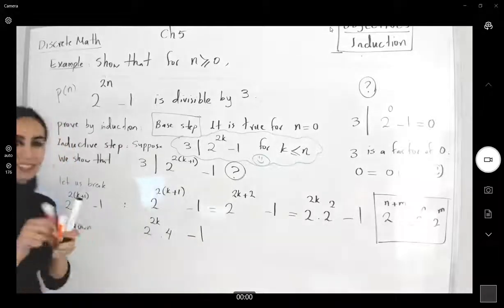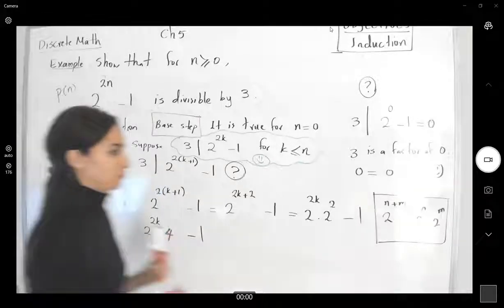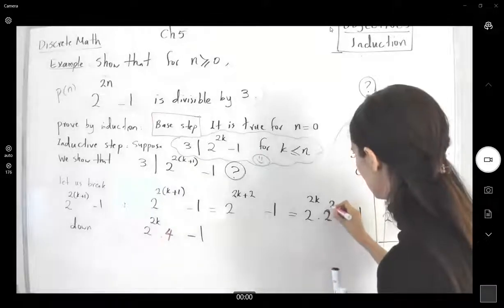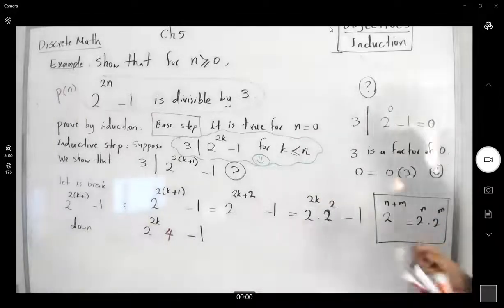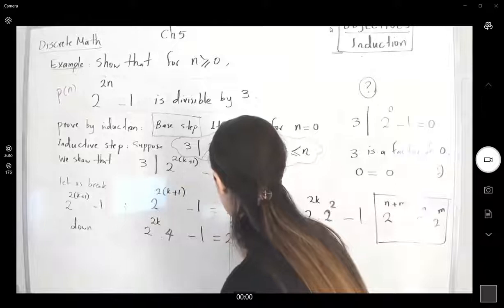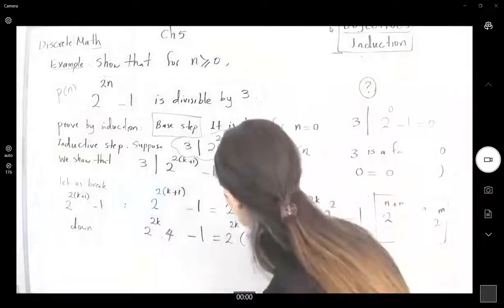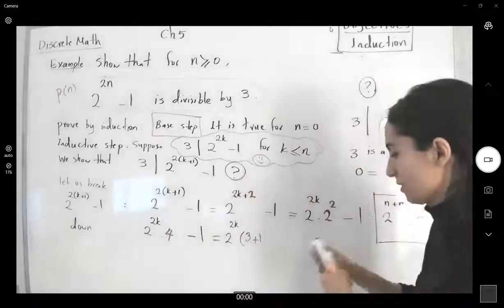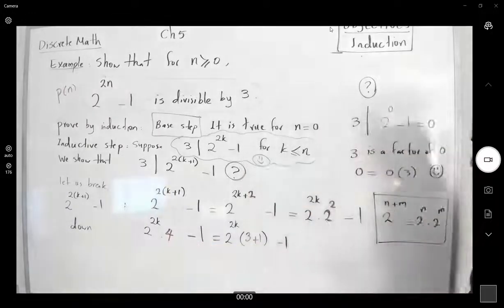So I'm going to use a different color so you see what I'm doing here. Okay, perfect. So I have 2 raised to 2k times (3 plus 1), which is my 4. And remember that you have a constant minus 1 here.